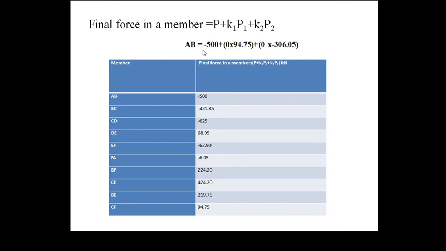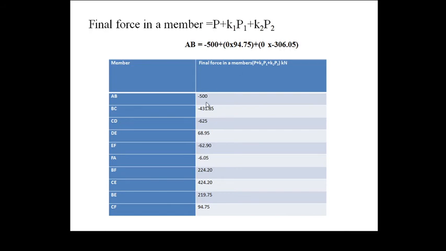For AB, it is minus 500 plus 0 into 94.75, that is P1, plus 0 into K2, which is 0. Here K1 is also 0 for member AB, so it is minus 500.